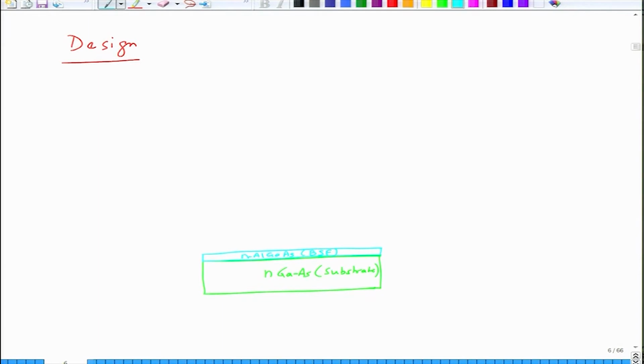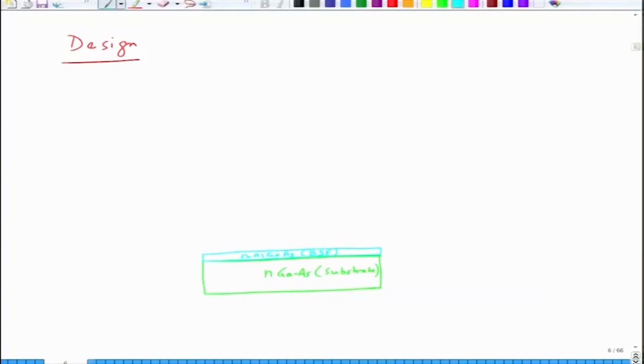Okay. So, basically it is used to slow down the carriers when they move towards the electrode, because it has higher band gap. As a result, carriers will have to face a bit of energy barrier to move to the N electrode. And then we have the base. So, if I make the base, this is the base layer.